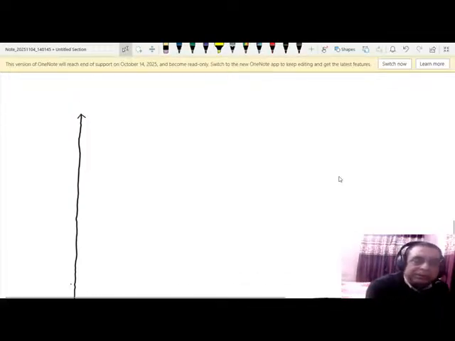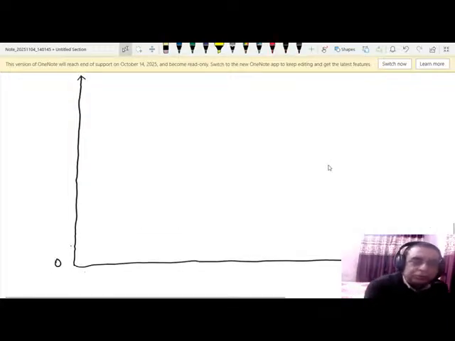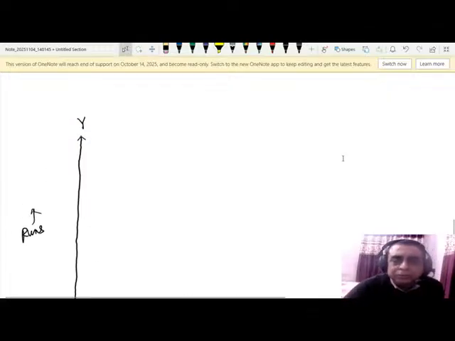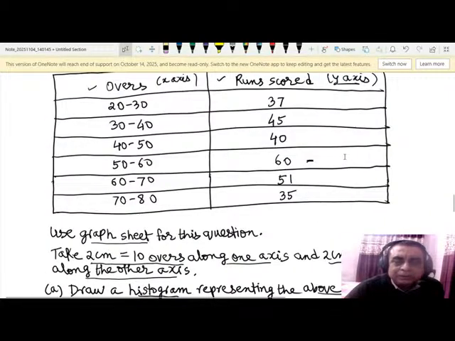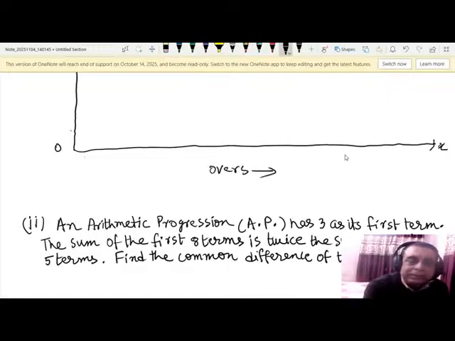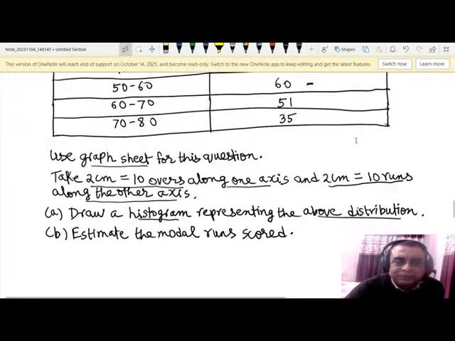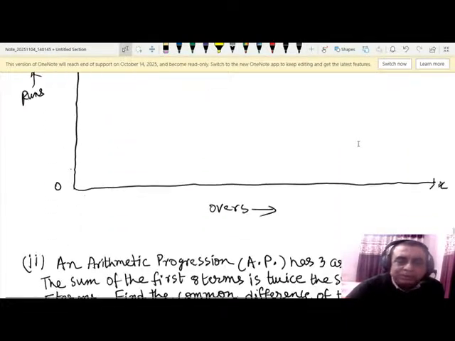Along the y-axis, we are denoting the runs scored, and along the x-axis we are denoting the overs. Now how many overs are there? Up to 80 overs are there.